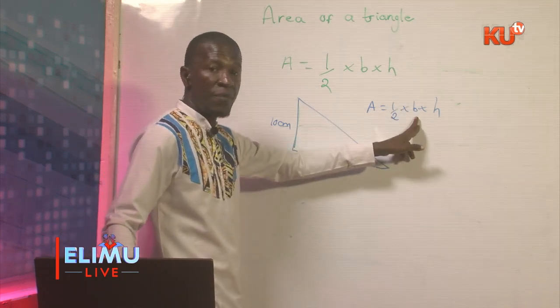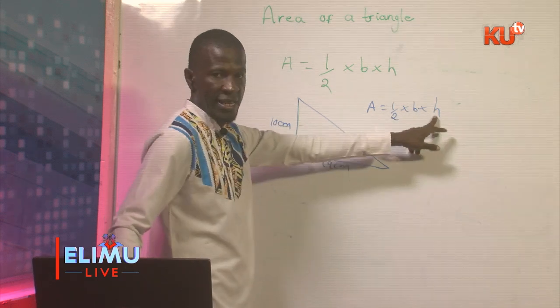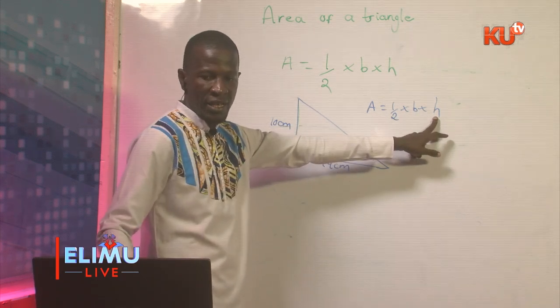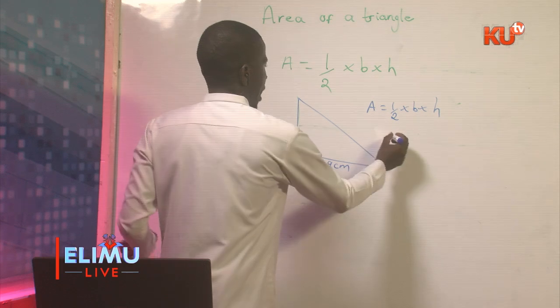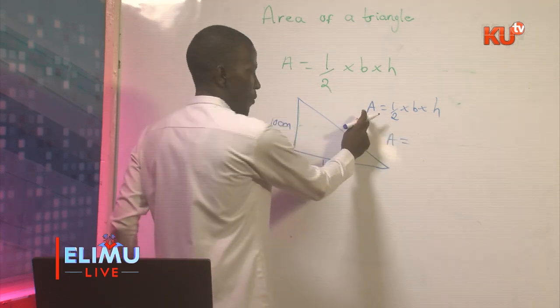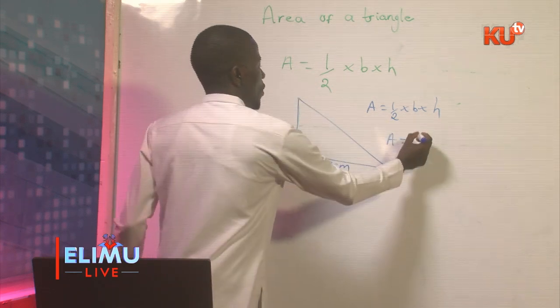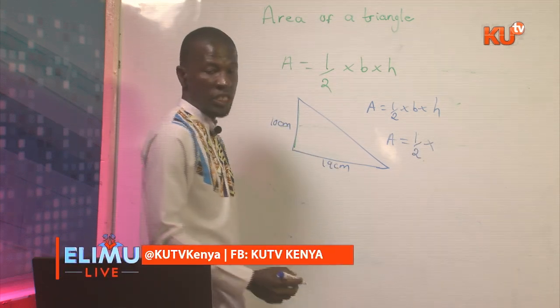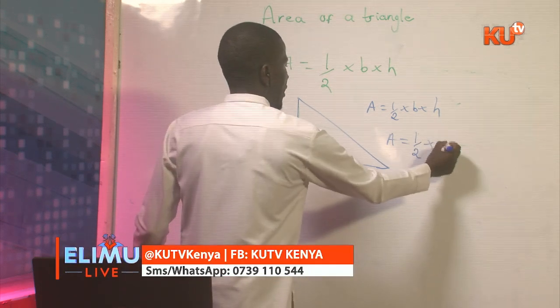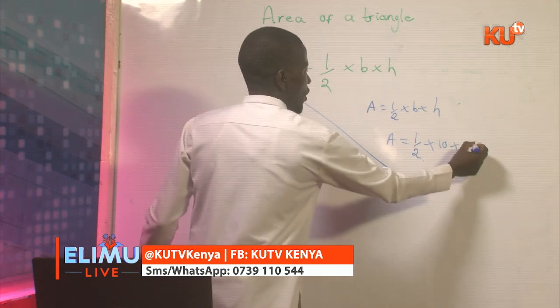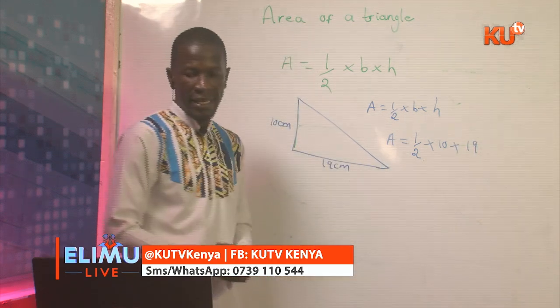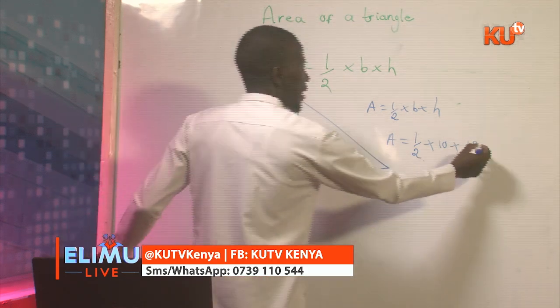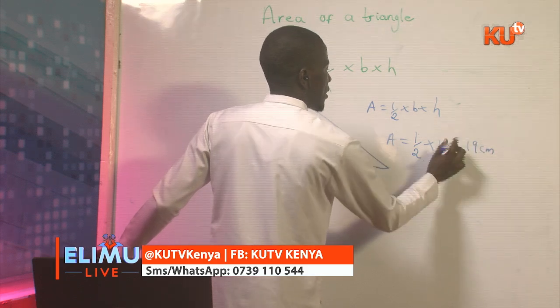B here stands for base, H here stands for height. So we will pick A, which represents area, is equal to a half times base, which is 10, times height, which is 19. And remember, the units are centimeters.